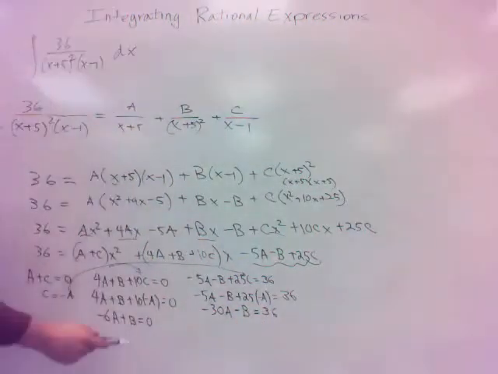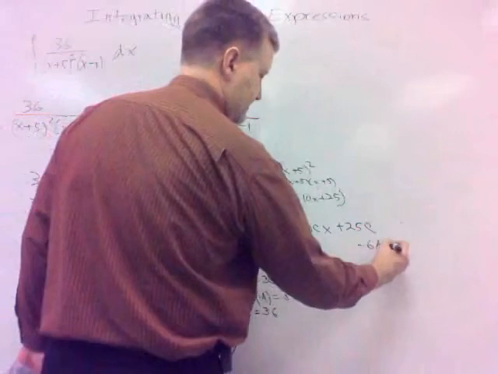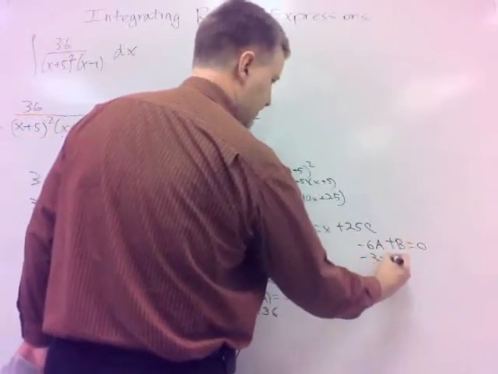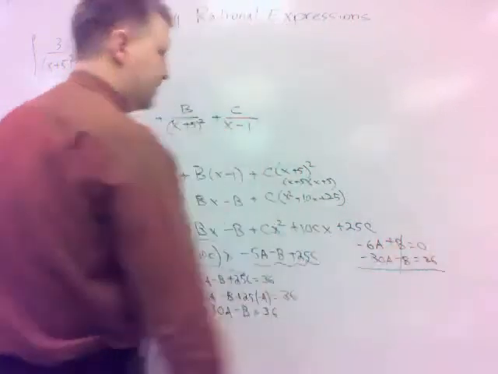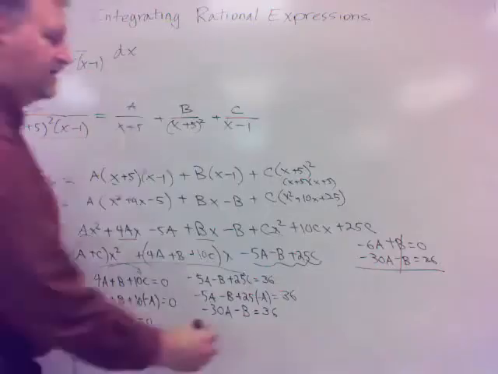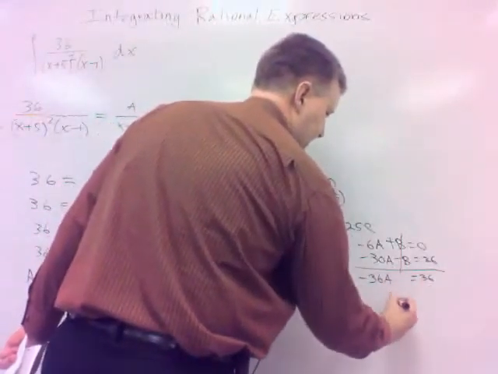Hey, that's pretty good because you just add those two together, the B's cancel out. Negative 36A equals 36. So it looks like A is negative 1.